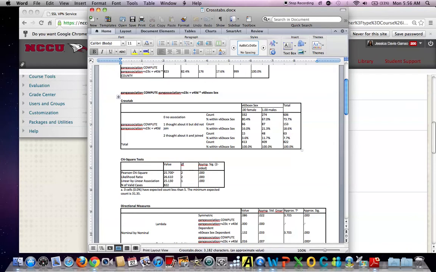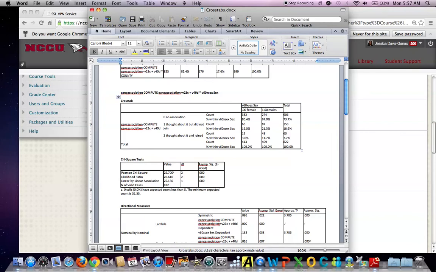The next table that you get is what we refer to as a contingency table, and it's called a contingency table because one set of variables will be contingent upon the responses in the other set. Okay, so the responses for gang association are contingent upon whether you're a female or male, related to no association, thought about it but did not join, and then thought about it and joined.